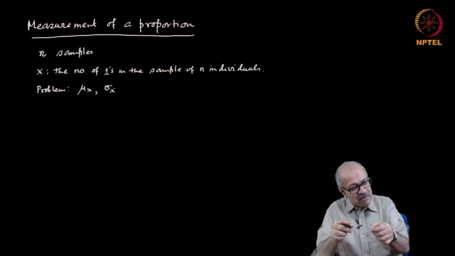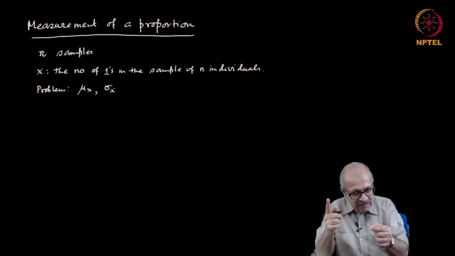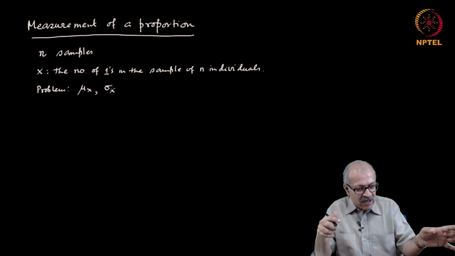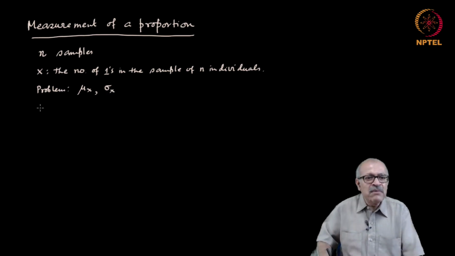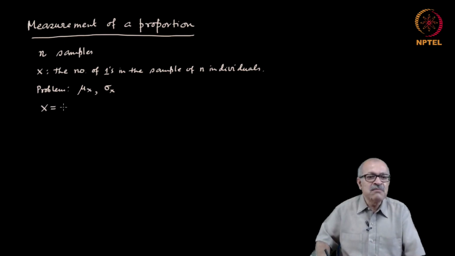That means, we are actually making a measurement of the y's. Each measurement is y, which can have two values 1 or 0, we have seen that earlier. So, x, the measurement of x is actually n measurements of y. So, it is nothing but y plus y plus y, that goes on n times.